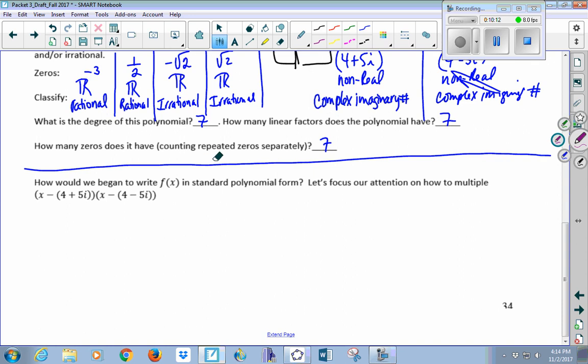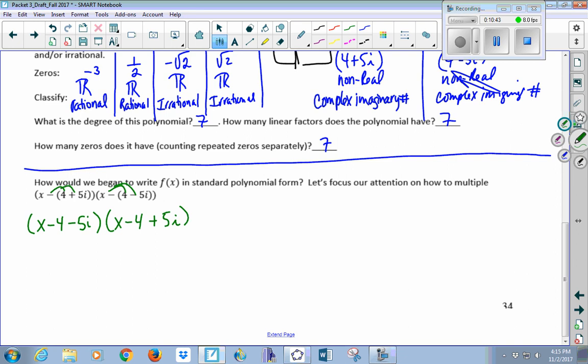So all I'm going to do here is rewrite each one of these factors by just distributing the negative sign. So x minus 4 minus 5i, and keeping each factor as 3 terms initially. x, take away 4, take away 5i, 3 terms. So my next factor will be x minus 4 plus 5i.